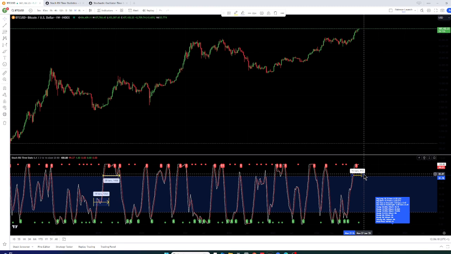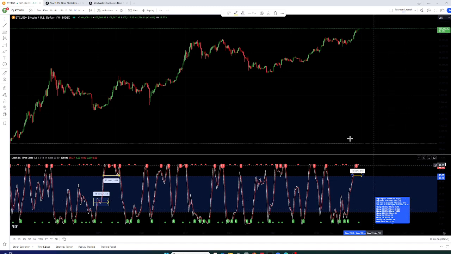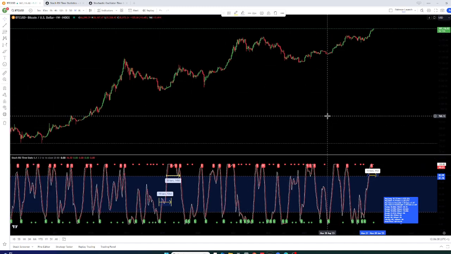It's probably looking to occur somewhere mid to end Jan. Once it actually reaches that second short, it would be a good time for me to look at taking some profits off the table, waiting for a correction, and so forth, and then reanalyzing from there. But yeah, those are some of the statistics that are presented in this indicator.